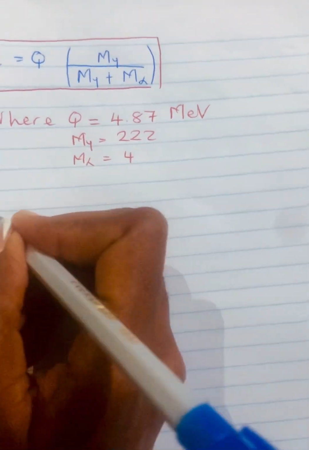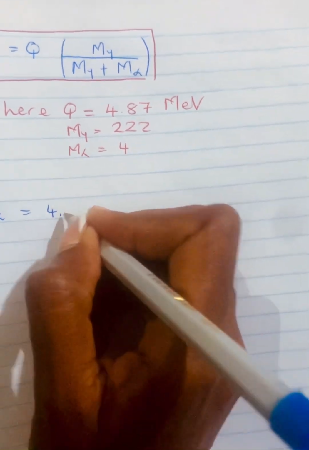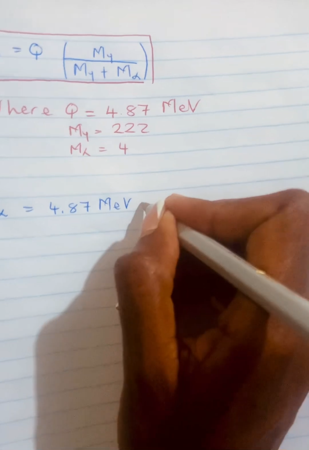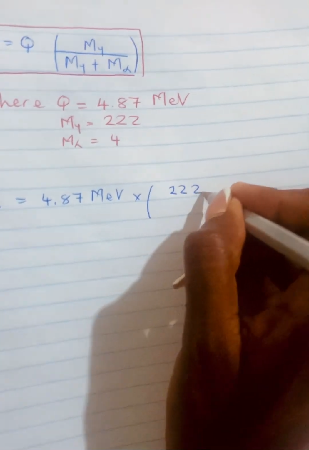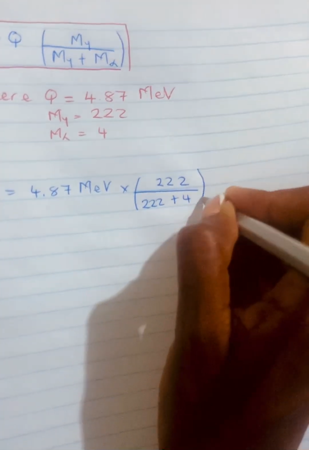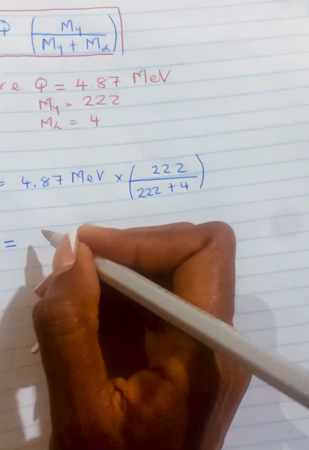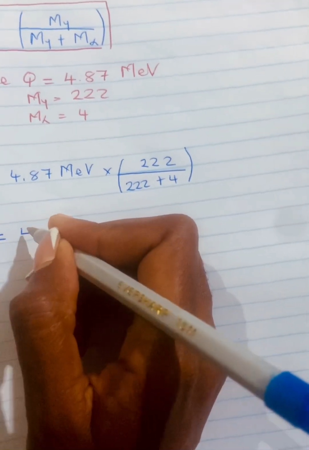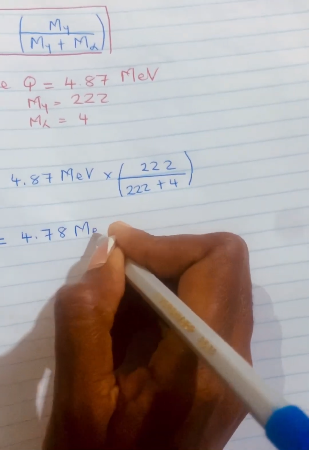So K_alpha equals 4.87 mega electron volts times 222 over 222 plus 4. This will give us 4.78 mega electron volts.